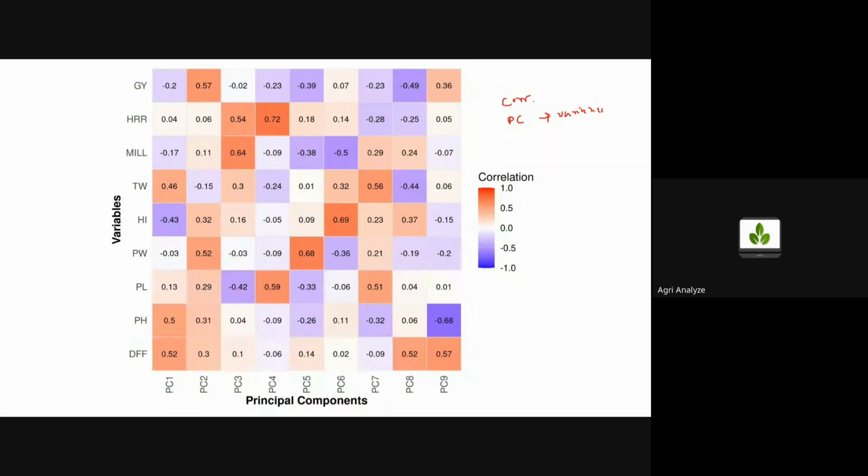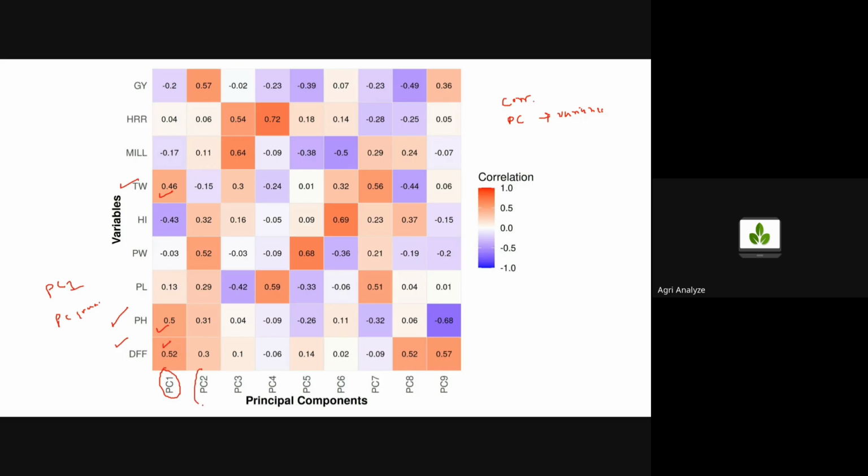So here we can find that days to 50% flowering, plant height, and TW variable, it means test weight, have a higher value of correlation. So we say that these variables are highly responsible for PC1. It means the PC loading for these variables is higher in PC1 based on this heat map.